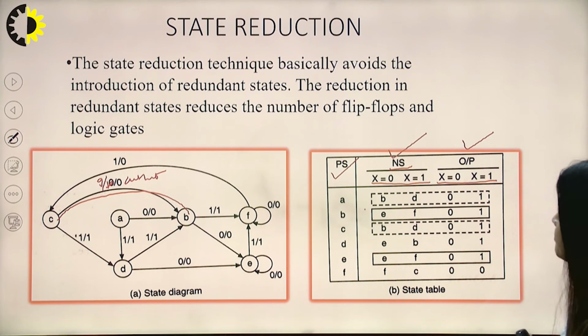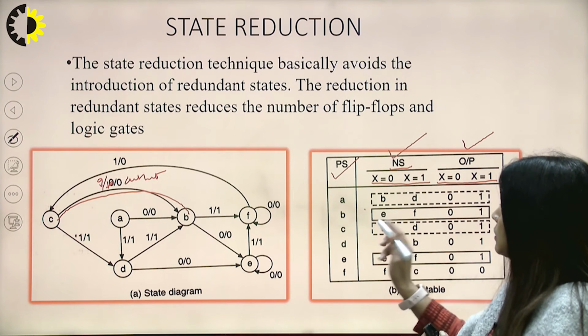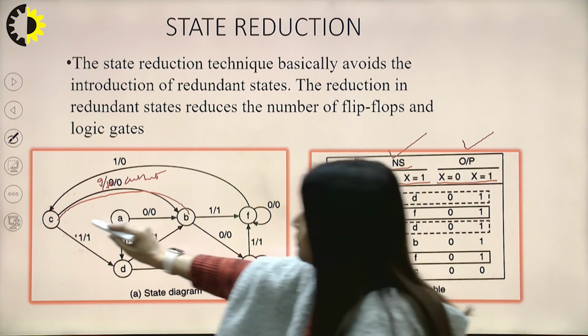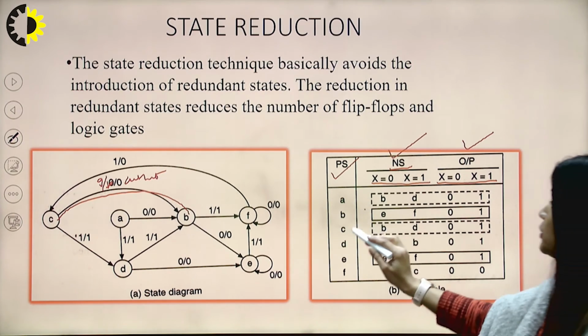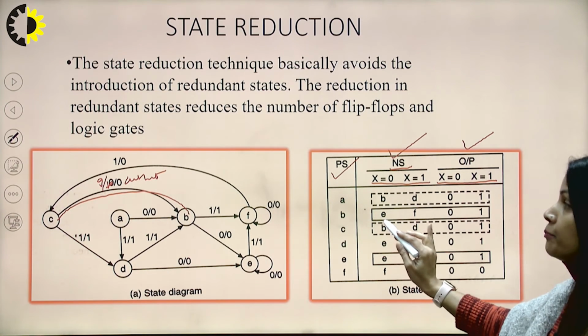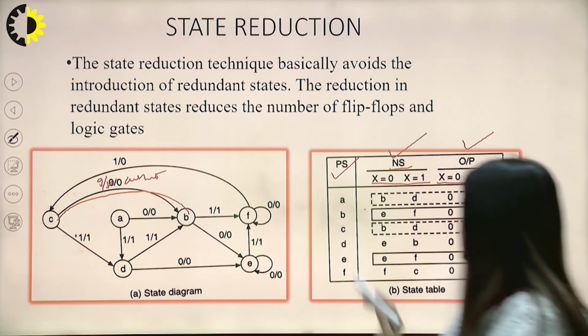So here we are taking the example from C to B. C to B when input is 0 and output is 0.